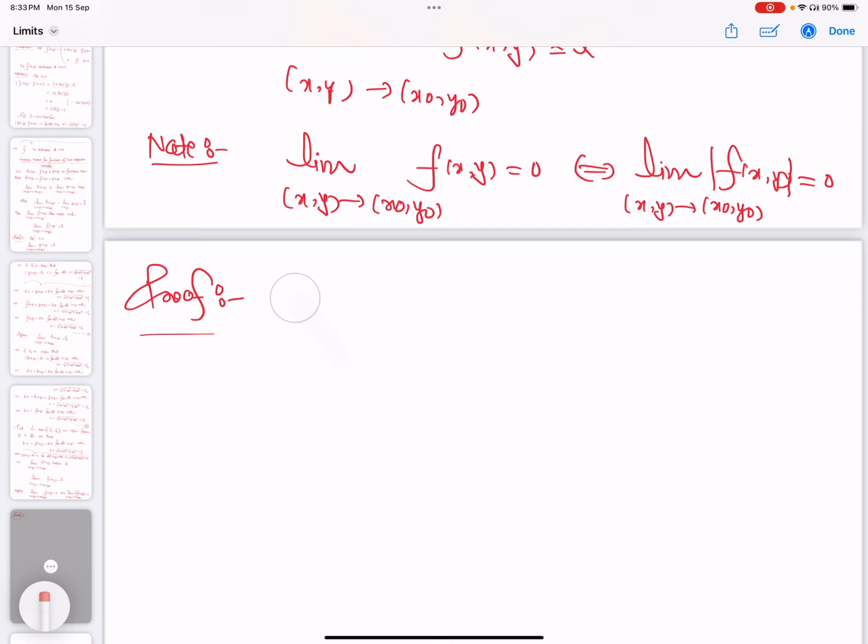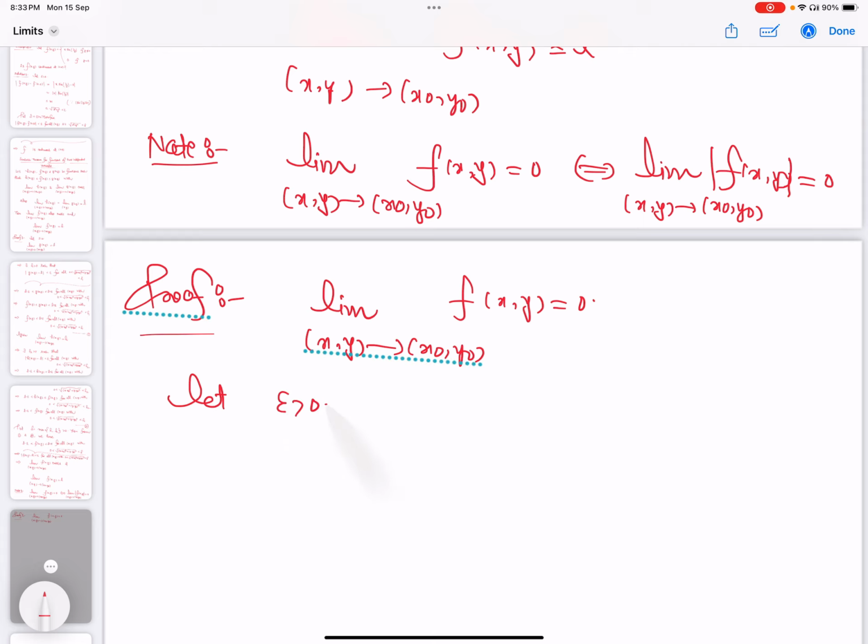So let the limit as (x,y) tends to (x naught, y naught) of f(x,y) be equal to 0. Let epsilon be greater than 0.